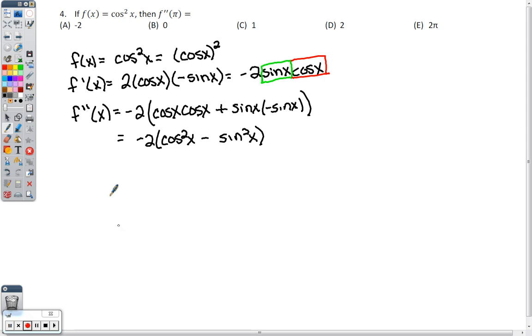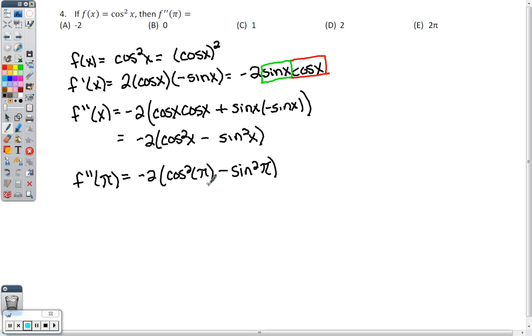Okay. And then we can plug in pi. Still have negative 2 out front. And then we have cosine squared of pi minus sine squared of pi. Not sure why this one got parentheses and that one didn't.